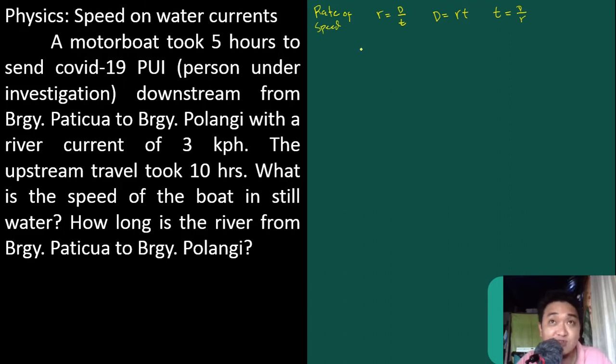All we have to do is to subtract the rate, the normal rate, tsaka yung kung ilan yung speed or rate nung force na nakakaapekto dun sa isang bagay. So here, in this case, ang nakakaapekto po sa pagtakbo ng bangka natin is yung water current.